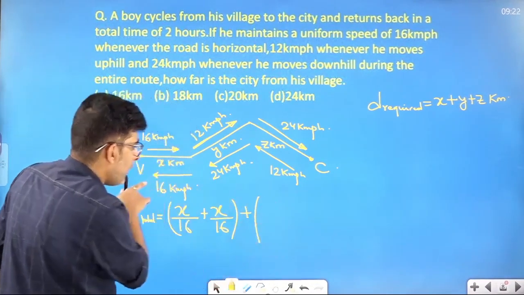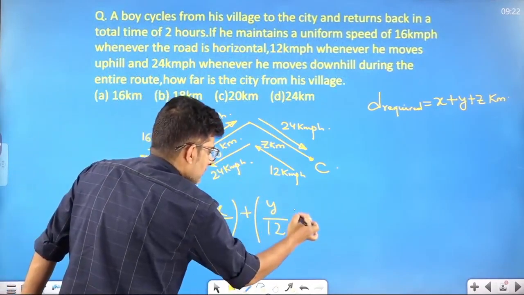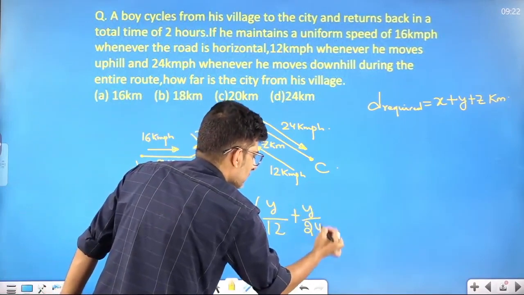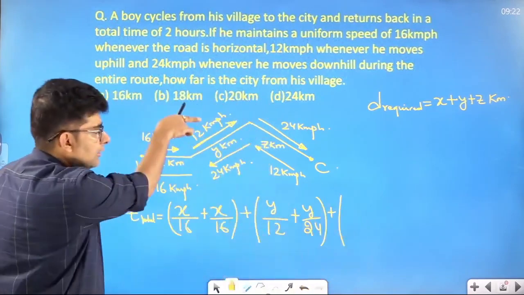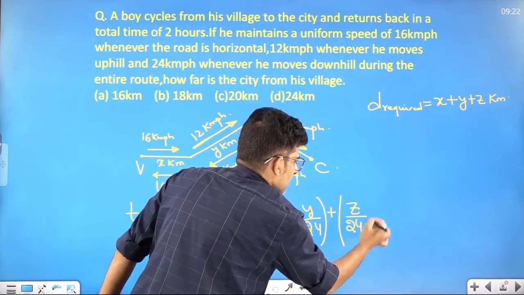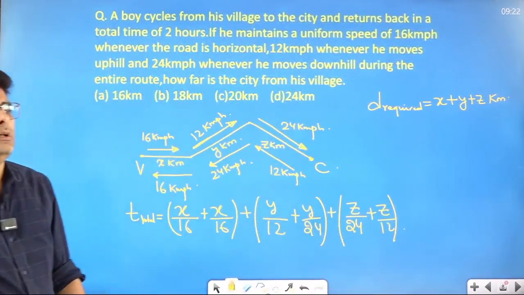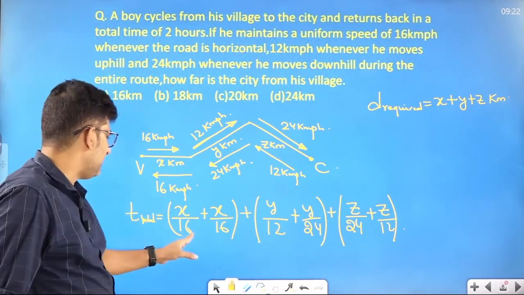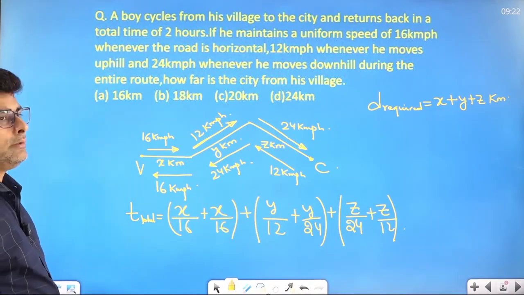Similarly, while going y distance your speed was 12, while coming back y your speed was 24. Similarly, while going your speed was 24 for z, and while coming back z distance your speed was 12. Please let me know if this is clear or not. All the distances divided by speeds I have taken as time. Going, coming, going, coming. Okay.